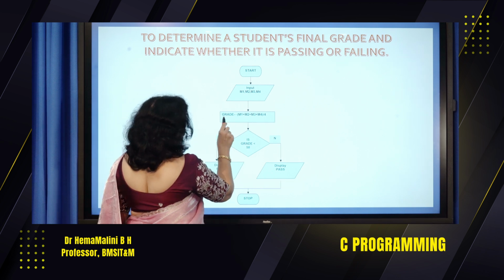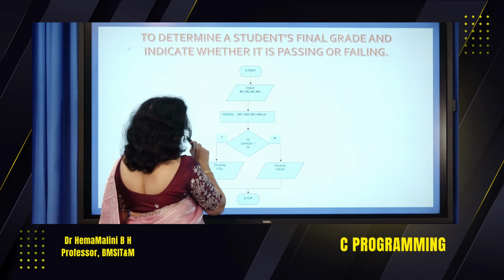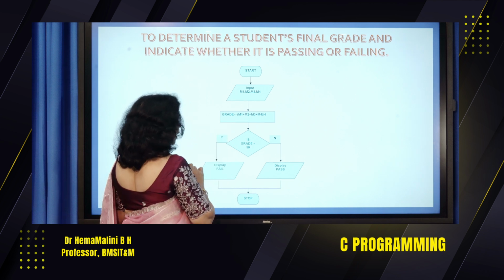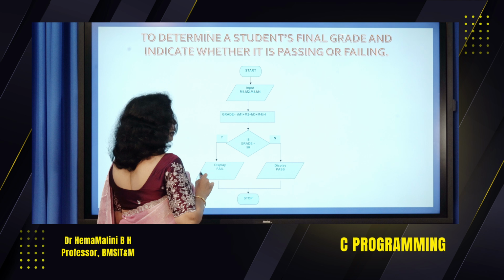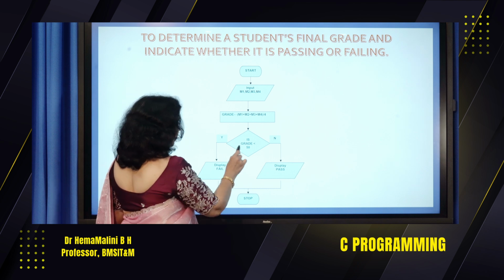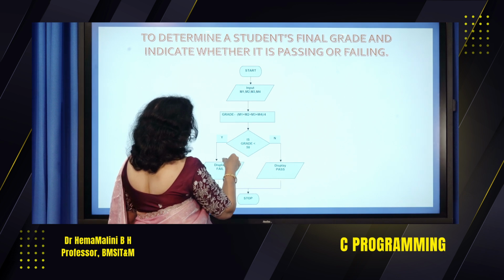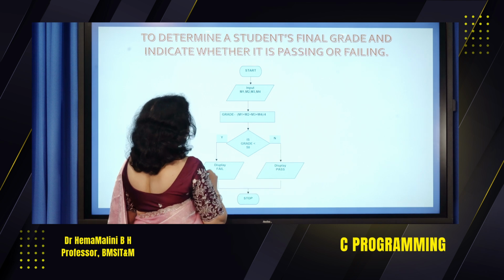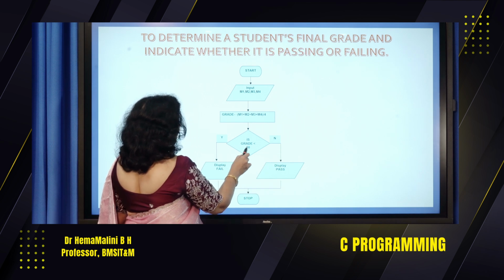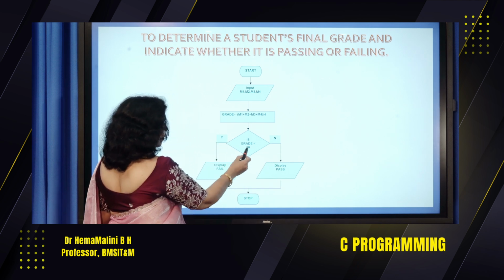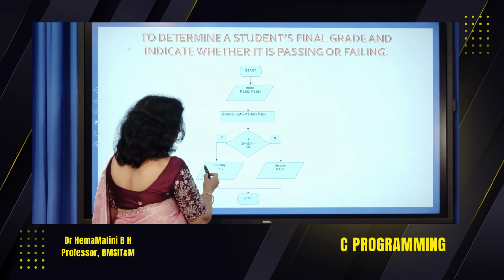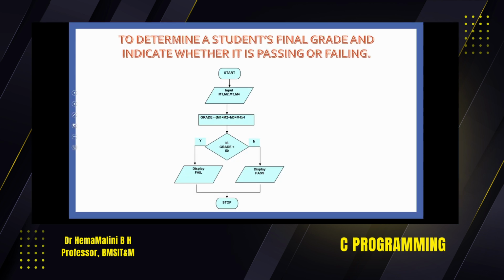Now we are going to use this value which is present in grade. Here we have a decision box. Is grade less than 50? There is a question. It can be either yes or no. If the answer is yes, if the grade is less than 50, display fail, go to stop.